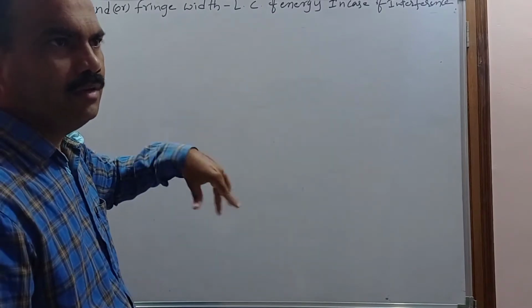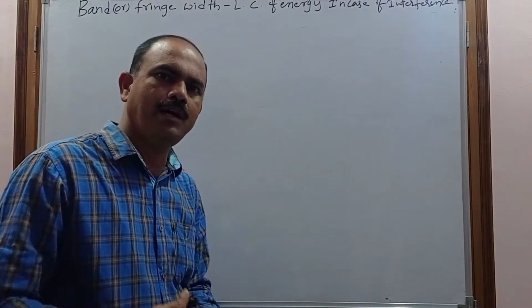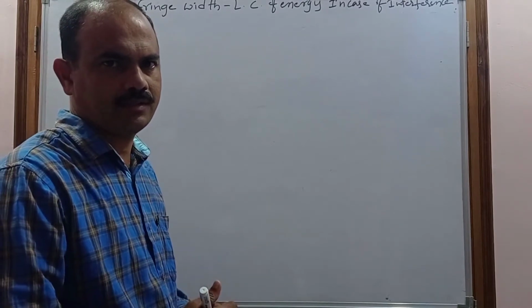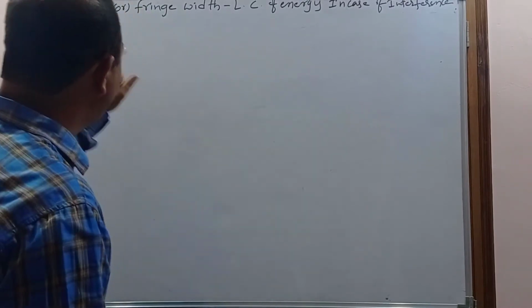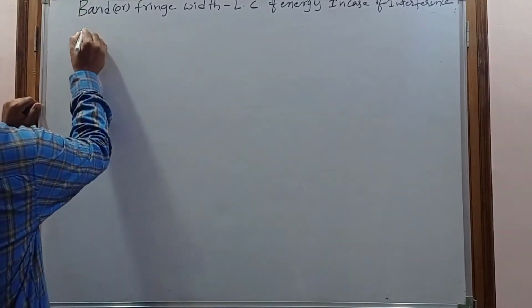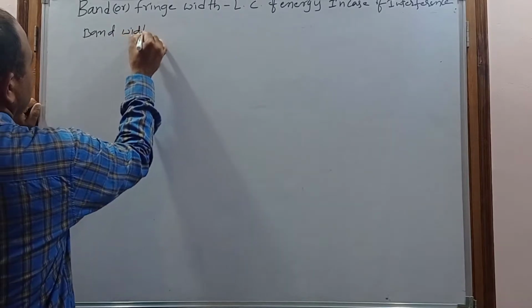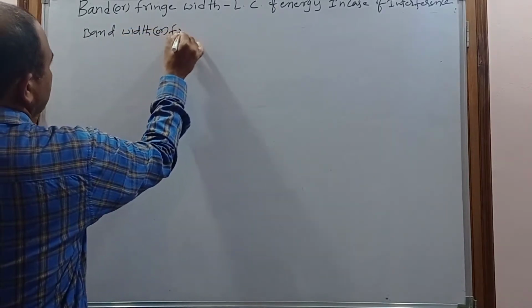After that, we are going to discuss in this class whether interference obeys the law of conservation of energy or not. Now, coming to the band width or fringe width. The band width is nothing but the fringe width.